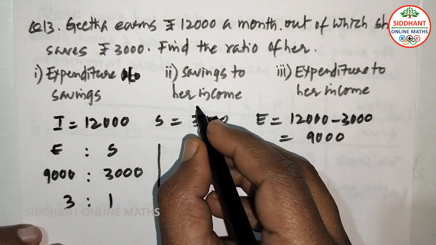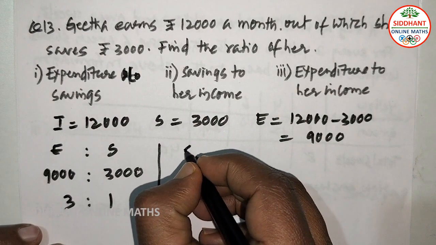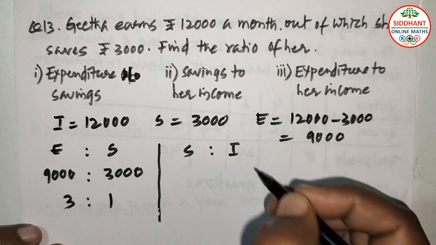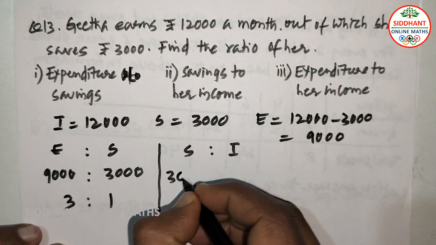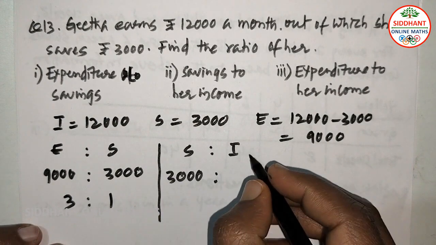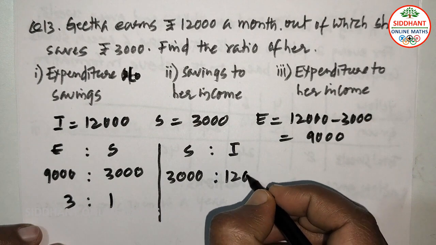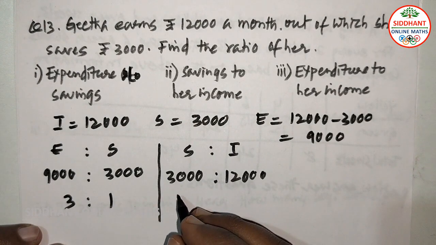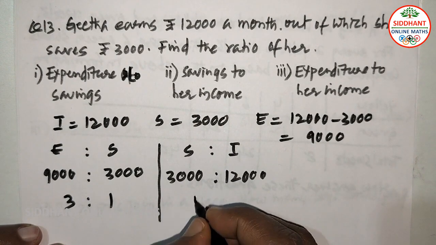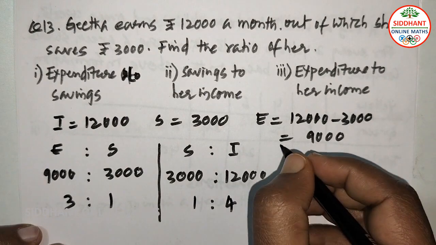Second one, savings to her income. So savings how much? 3,000 is to income how much? 12,000. So the ratio will be 1:4 here.